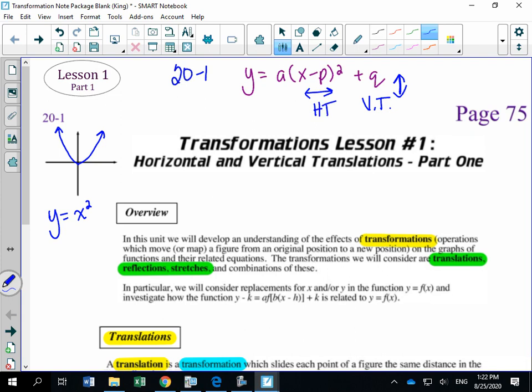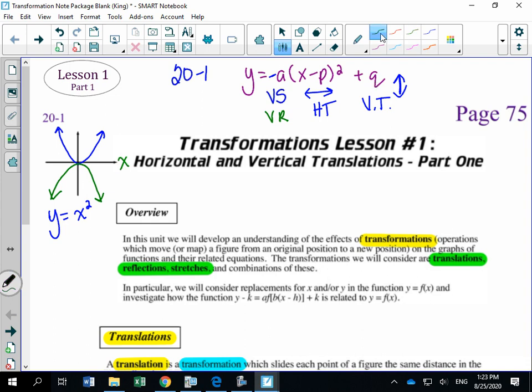Then we had an a value, and that had to do with your stretch factor, so it was a vertical stretch. If the a value was negative, your parabola was reflected in the x-axis, and we called that a vertical reflection. Those were the parameters a, p, and q in 20-1.